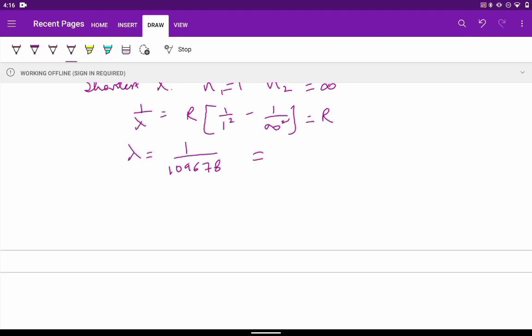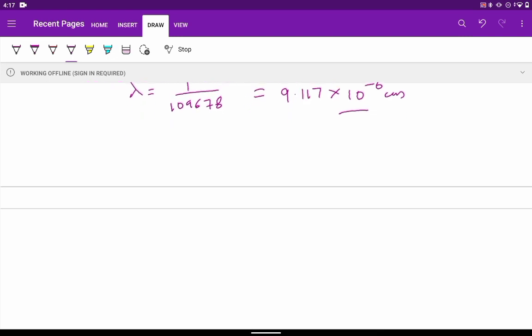Answer will be in centimeter here, and then we can convert it into angstrom. It will be around 9.117 into 10 to the power minus 6 centimeter. So this is the shortest wavelength.